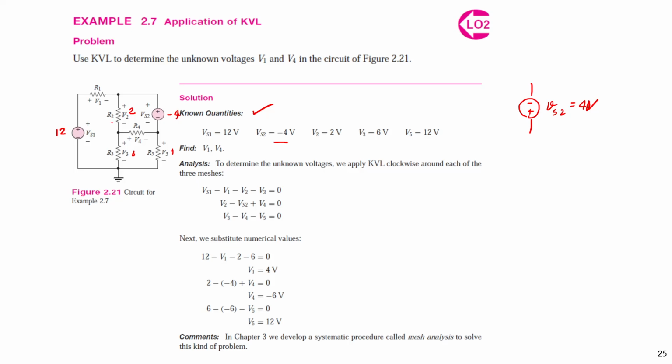So first we define this loop. KVL with this loop. For KVL with this loop, we get that Vs1 positive minus V1 minus V2 and minus V3, right, is 0. Also, we can draw this loop.